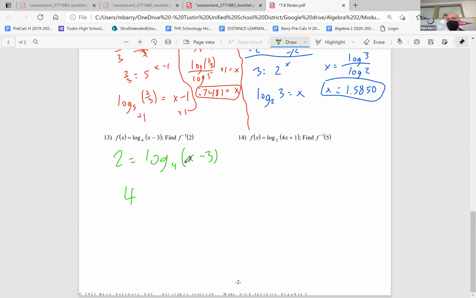It still wants a new partner. It doesn't want to be with x minus 3 anymore. So the new partner is over here. It's 2. So 4 to the power of 2 equals x minus 3.